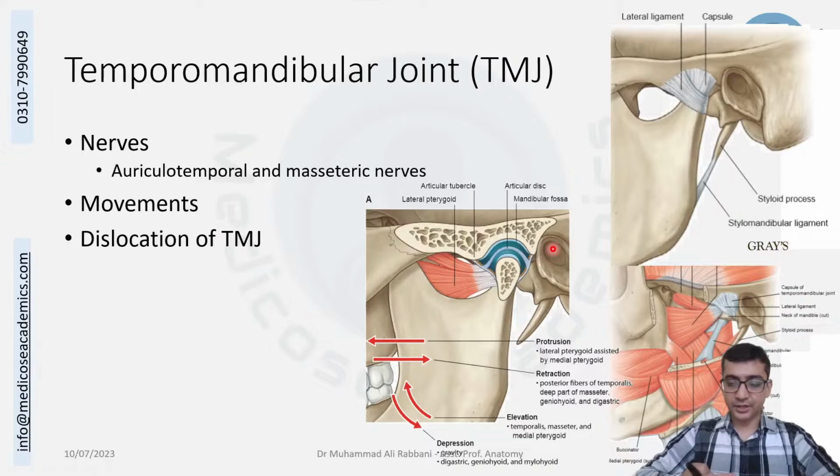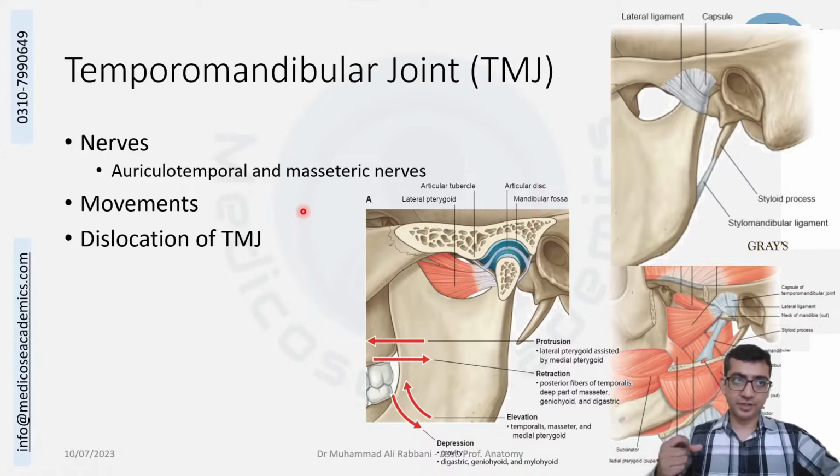And then there is side to side movement. This is basically gliding type of movement. So these three movements help us chew.